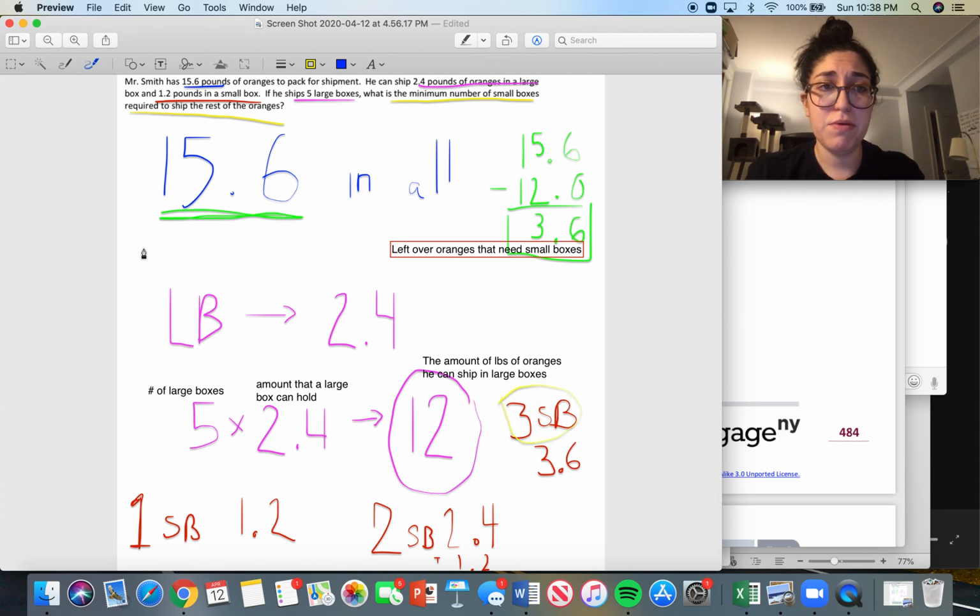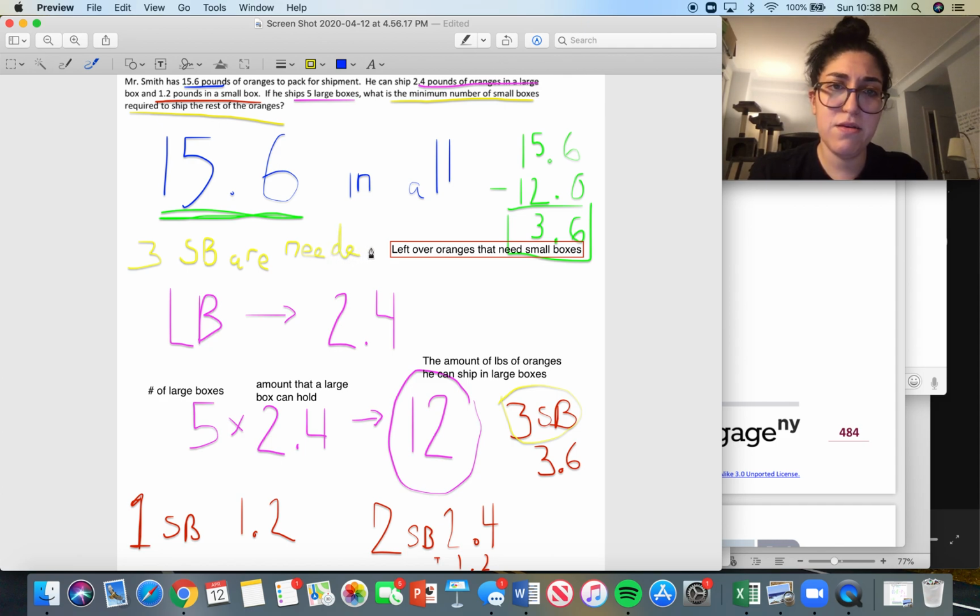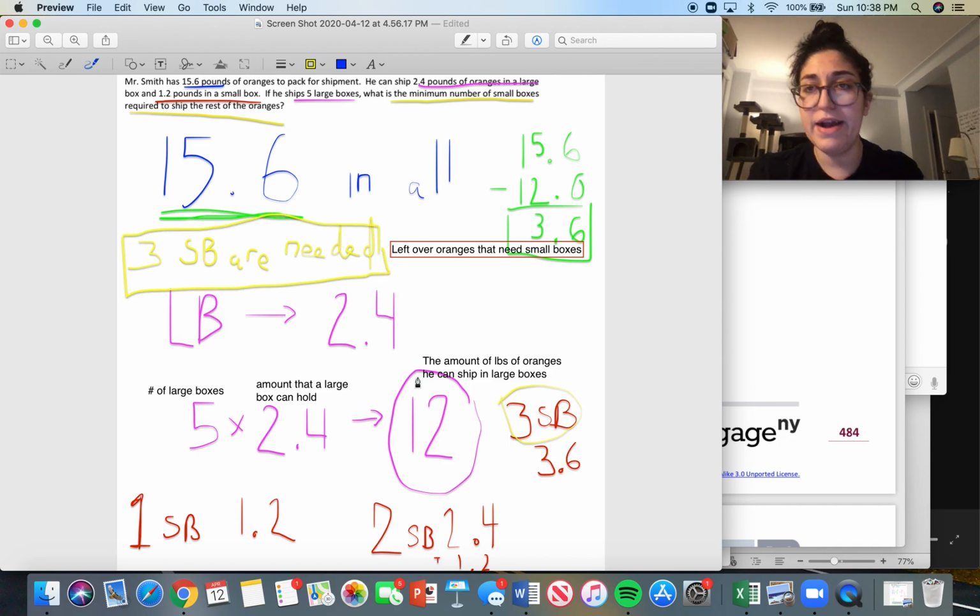So my answer would be 3 SB for small boxes needed, right? Because that is answering the question being asked.